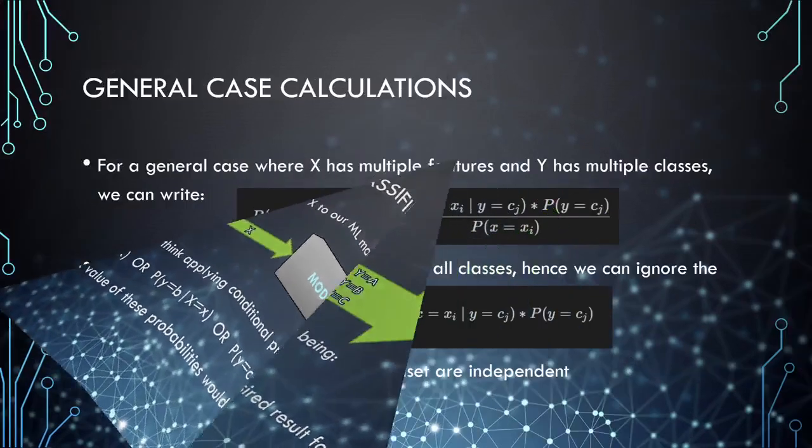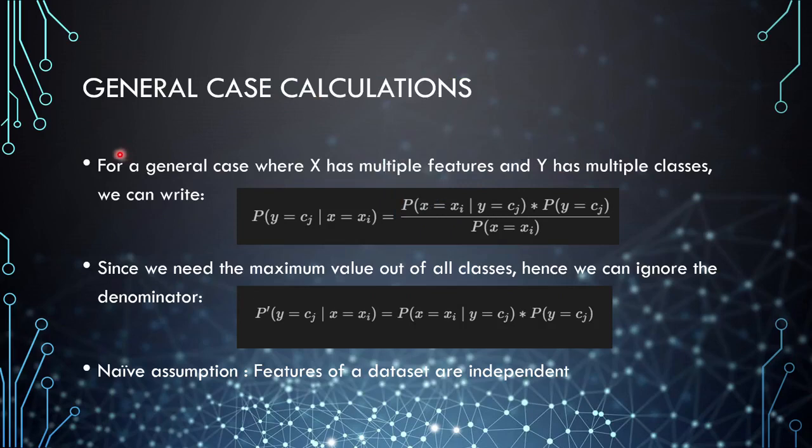For the general case, where x has multiple features and y has multiple classes, capital X is basically an input, and you know that an input can have multiple features. A particular input can have multiple features, and y has maybe multiple classes, three classes we discussed. So let us assume that they have multiple classes.